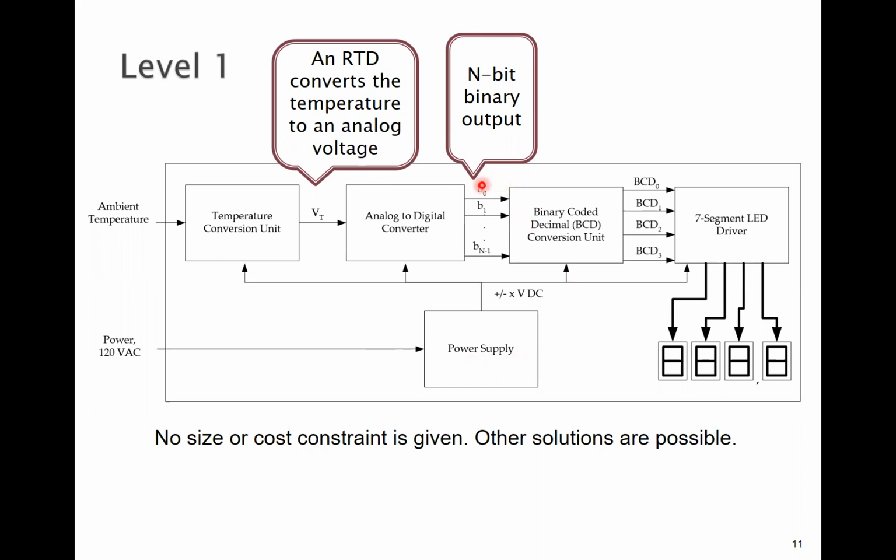And we get an N-bit binary output here. BCD, binary coded decimal, is simply used to generate four numerical values that should be applied to the 7-segment LED display. As you can see, we have 7 segments here, so each digit is represented by BCD 0 to 3.